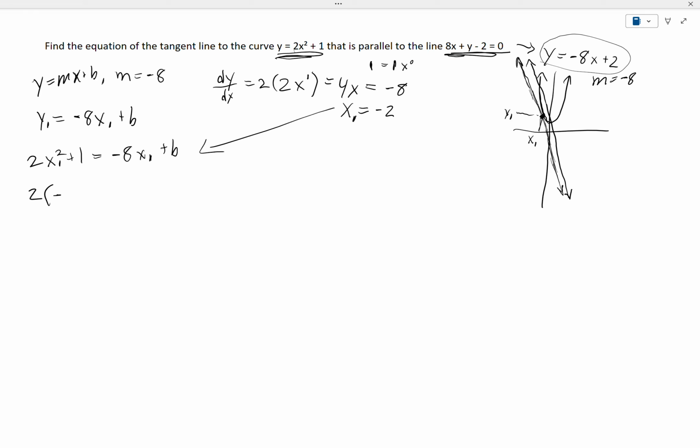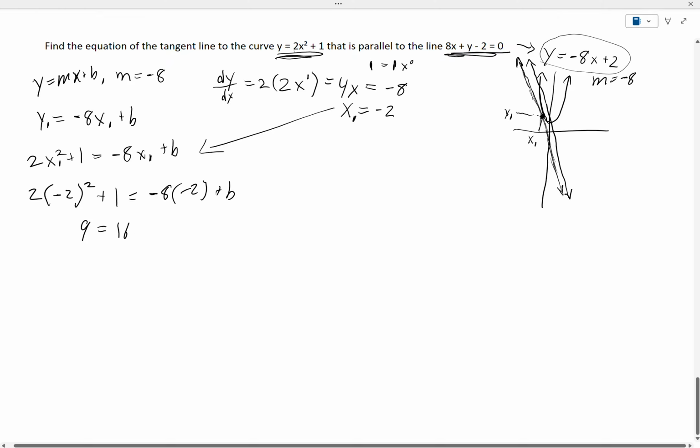Here's what I get. -2 squared times 2 plus 1 is equal to -8 times -2 plus b. And if I solve this, that's 4 times 2, 8, plus 1. That's 9 is equal to 16 plus b. Subtract 16 from each side.